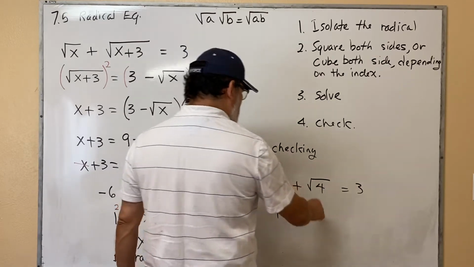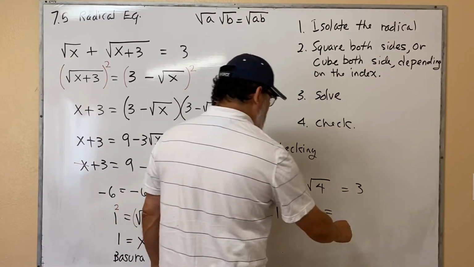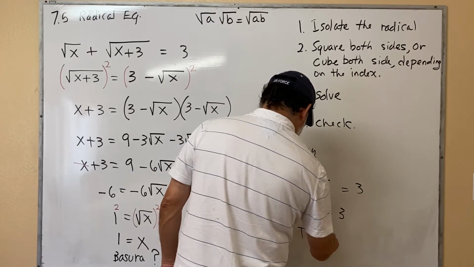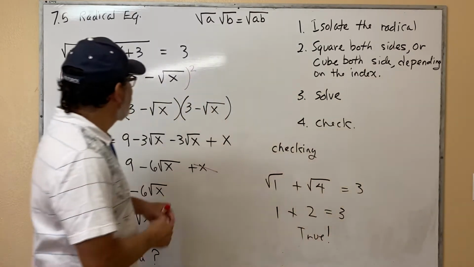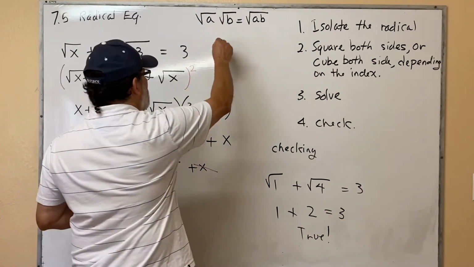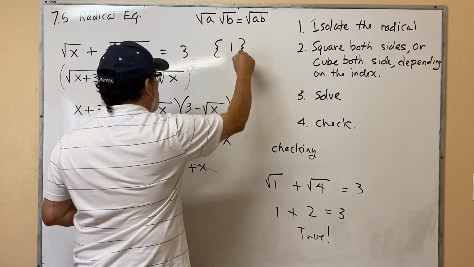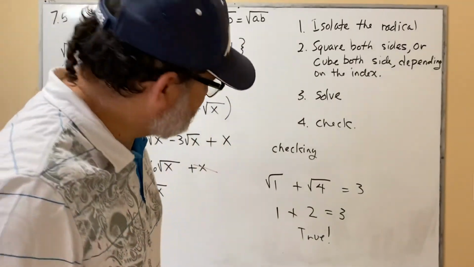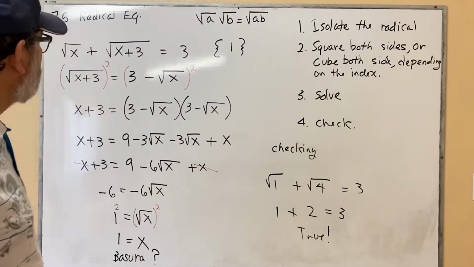What is the square root of 4? 2. Is that equal to 3? Yes. True. The solution to this is 1. There it is. Okay. All right.